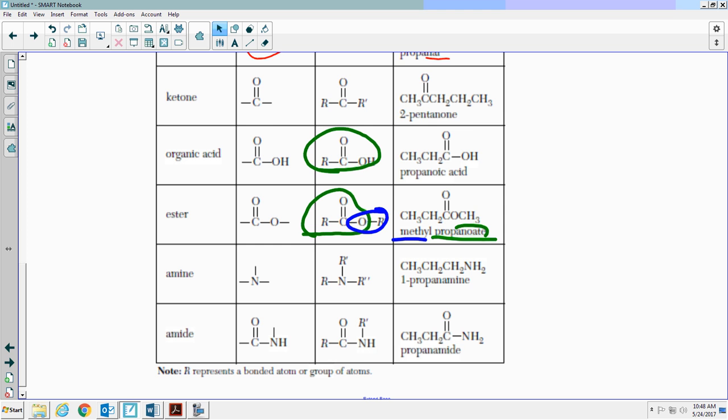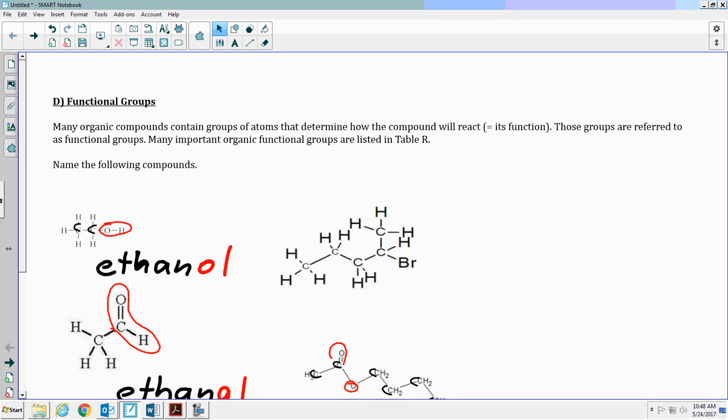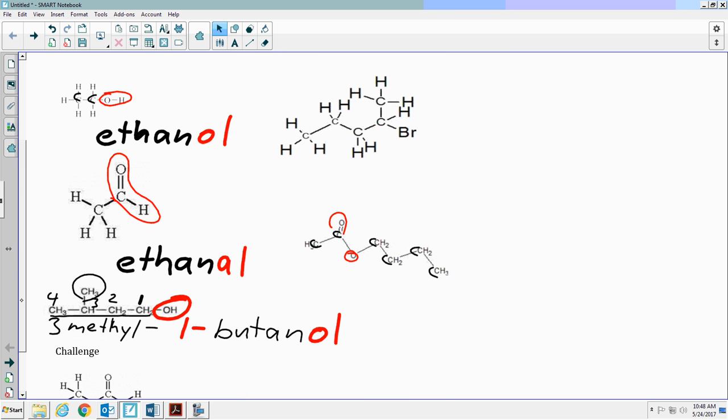Okay, let's take that back to our example. In our example, the acid part is the one that includes the carbon with the double bonded O. So this is the part that was originally the acid, and this is the part that was originally the alcohol.